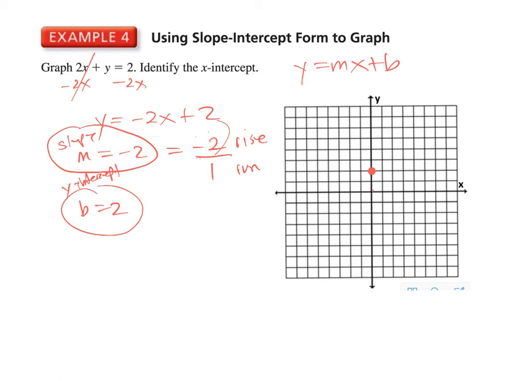And my run is 1, that means I'm going to the right 1. If it was negative, I'd go to the left 1. So I'm going to go down 2 and right 1. Down 2, right 1. I think my pen just ran out of power, or it's going to.